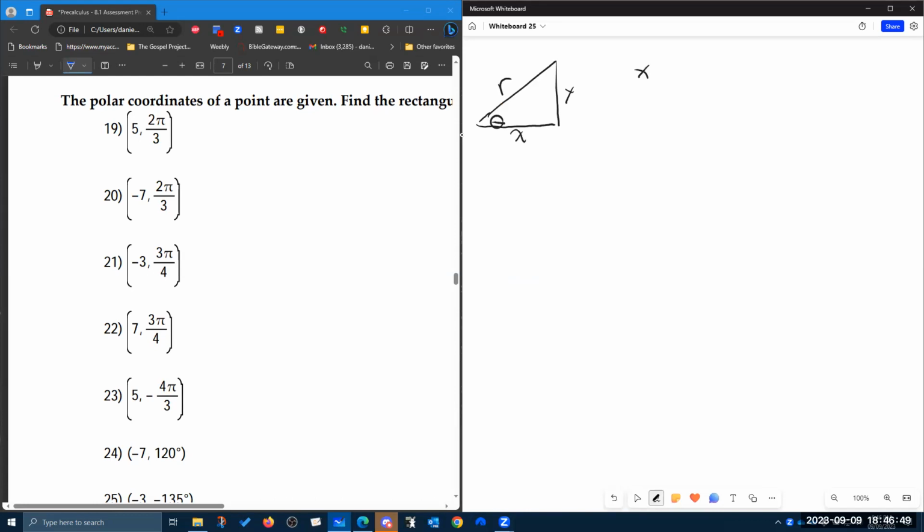So x over r was cosine, and y over r was sine. That means that x is equal to r cosine of theta, and y is equal to r sine of theta. So that's what we're going to be using here.